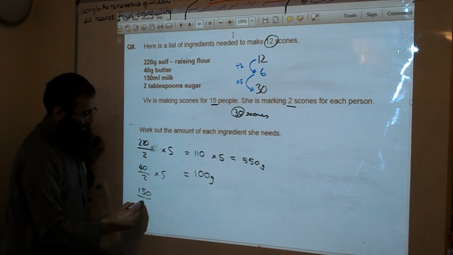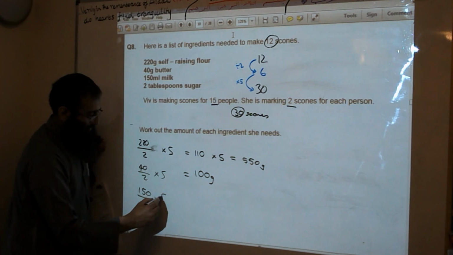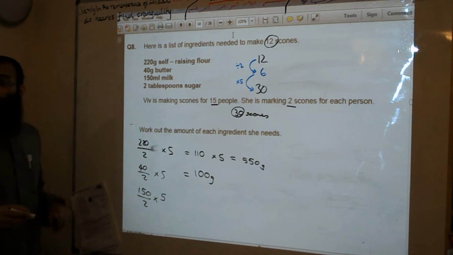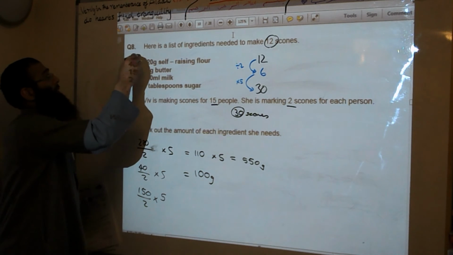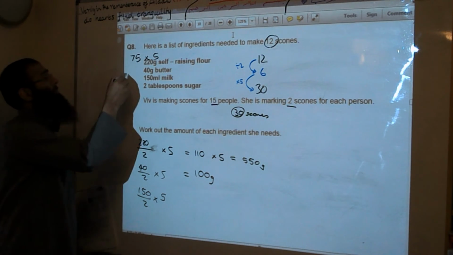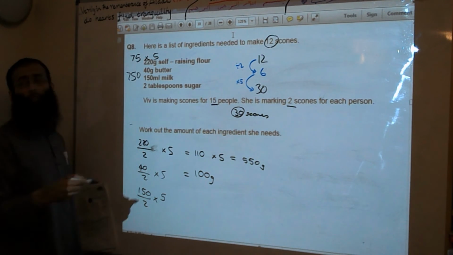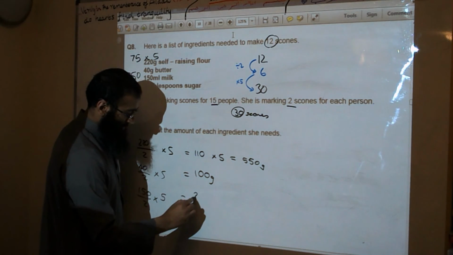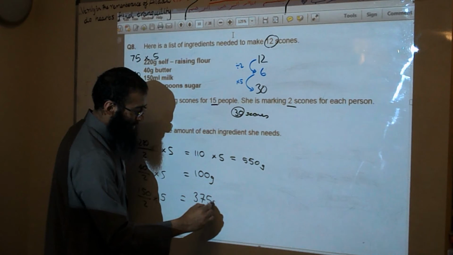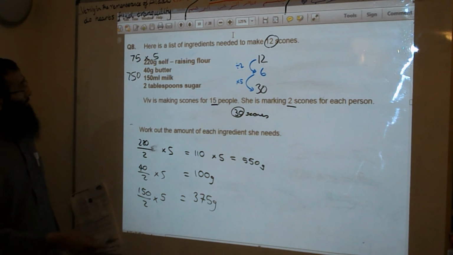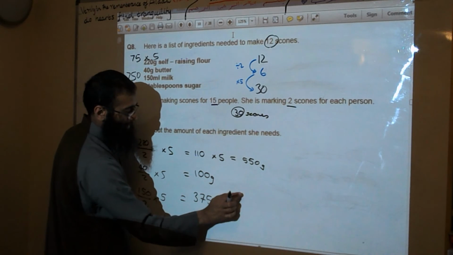What's 150 divided by 2? 75. 75 times by 5? 375. 75 times by 5, if you times it by 10, then divide it by 2. So you do 750, half of 750 will give you 375, yes? I didn't say your calculation was wrong, but you didn't show me how you've done it. It's milliliters, not grams. Okay, thank you very much.